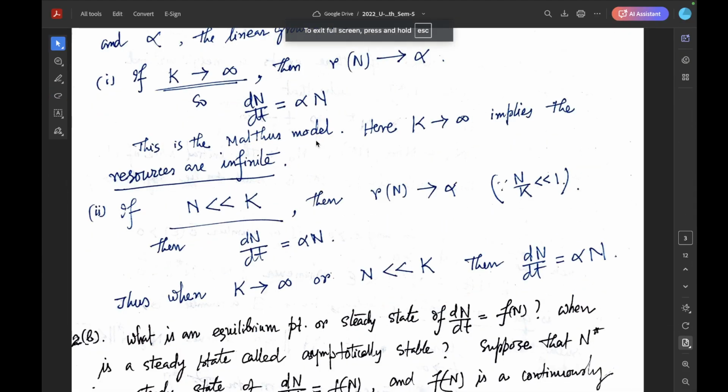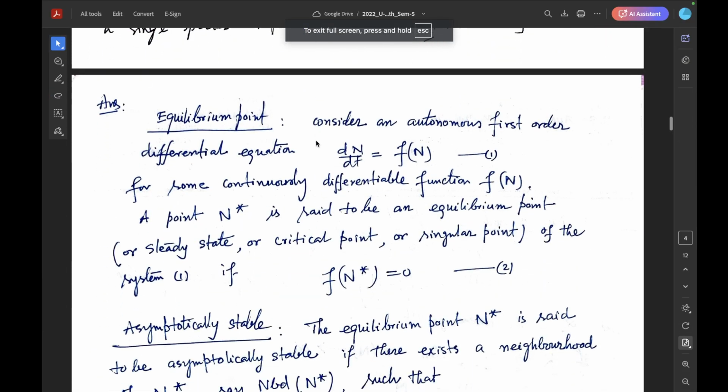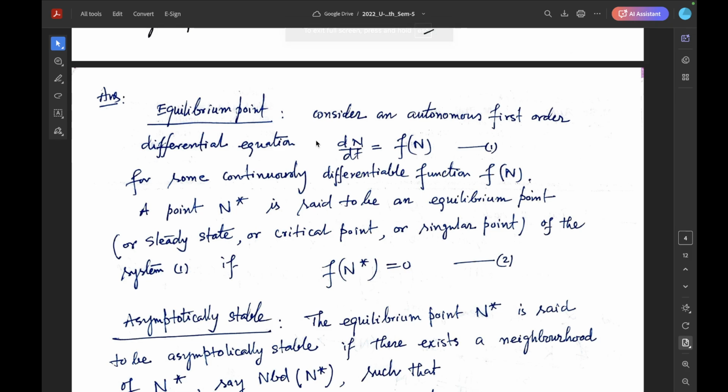Equilibrium point, this steady state or critical point or singular point. Consider an autonomous first order nonlinear differential equation dn/dt equal to f(n).